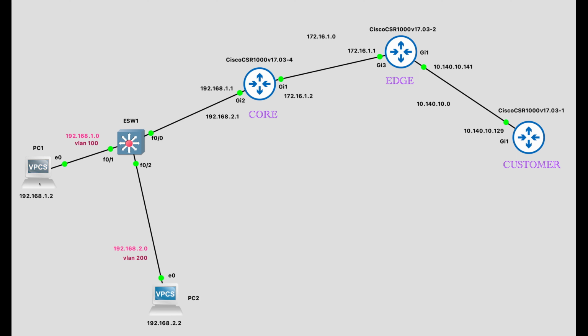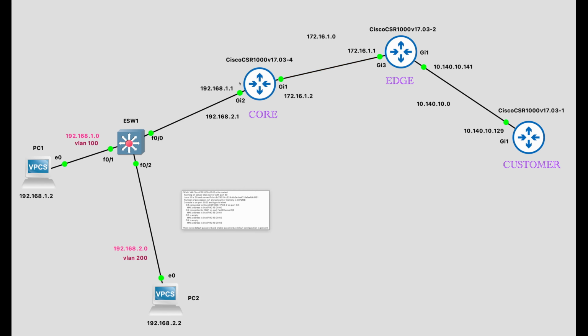But my intention here is to keep a separate environment called core environment, where I have multiple VLAN networks, the isolated networks, 192.168.1.0 on VLAN 100, 192.168.2.0 on VLAN 200, and they are served by the core router from the gateway perspective, and 2 different port channels and 2 different VRFs as well. So there's a separation of the network VLAN wise on the level 2 and VRFs on the level 3 point of view. And I extended the same separation between core router and then edge router as well.